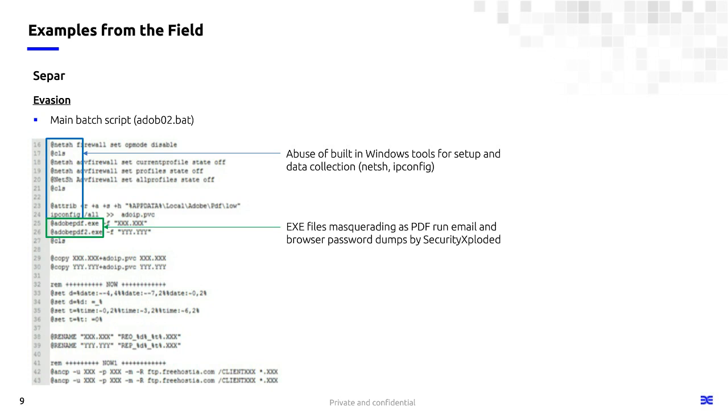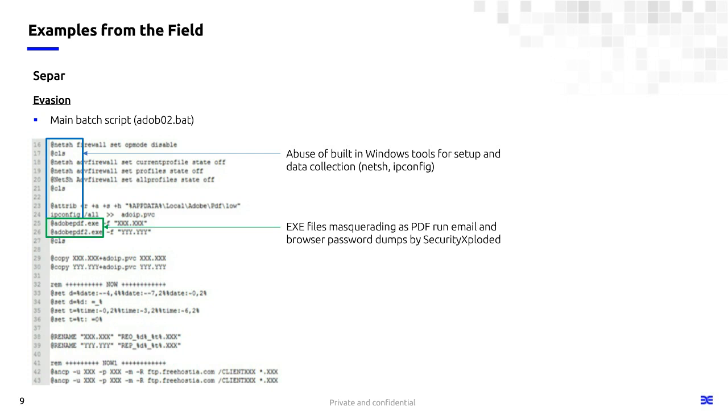It's important to point out these are both tools that can be downloaded by anyone. You can search online for email and browser password dumps by Security Exploded, and you'll find them. They are not exactly legitimate tools, but they could be used for password recovery, and they can also be used in exactly the same way for password theft, which is what we see here.